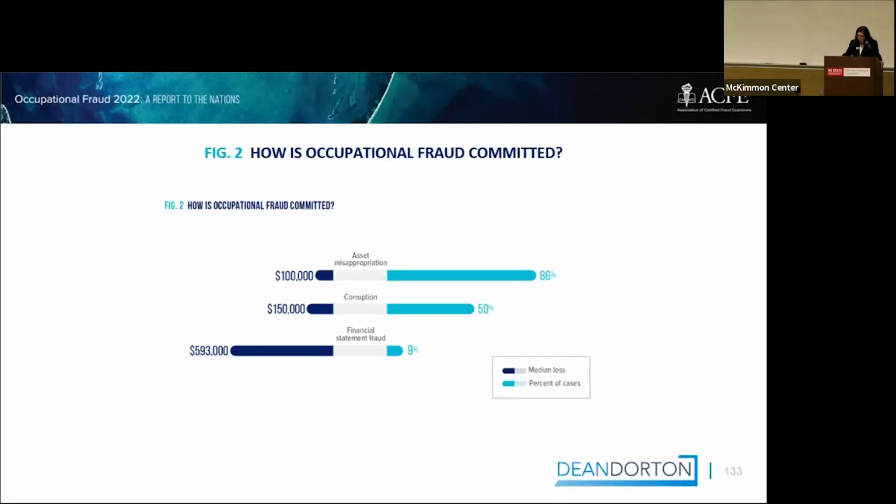So this could be understating reported expenses or artificially inflating reported assets. Could be fictitious revenue or manipulating expenses to meet certain funding metrics or requirements. So always, when you're thinking about fraud in your organization, always think about what matters and what people are being measured by, because that may be what is manipulated.